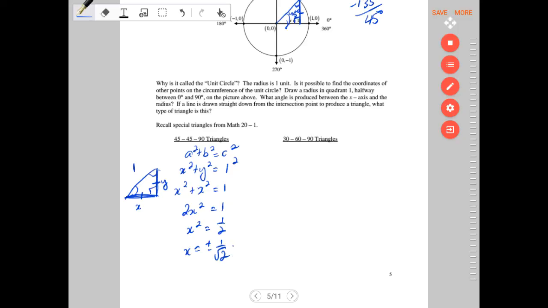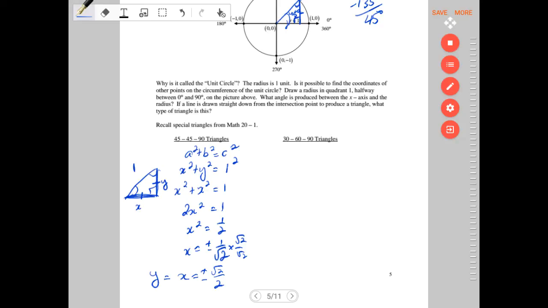I can rationalize that radical by multiplying the top and bottom by root 2. So x is plus or minus root 2 over 2, but of course that's the same thing as y. Remember that the plus and minus comes from the fact that you are square rooting, and you get two answers when you square root a value.